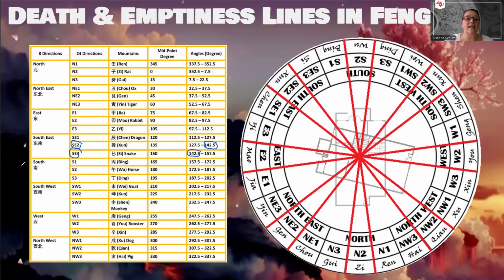So this is why, generally speaking, we do not like properties that are facing a death and emptiness line. It's not that anybody is dying or getting sick, but the energies are just a little bit confused, so to speak, right? And therefore we don't like it. So this is the concept of death and emptiness lines.